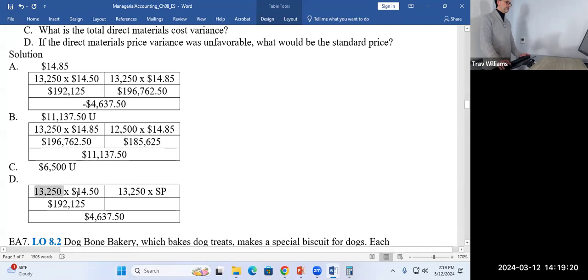So we took our actual quantity times actual price. We get that number. And then we have to figure out what this number is. Right? What number would it be if we take the left side, subtract this missing number, and we get this positive number? 187,487.5.